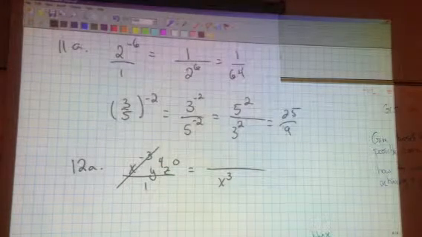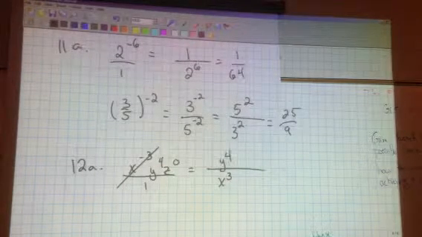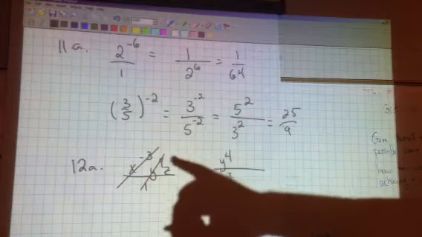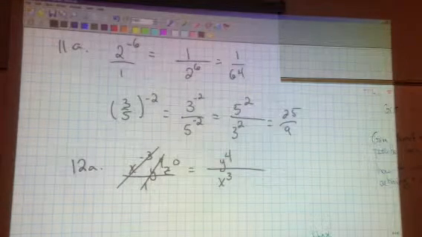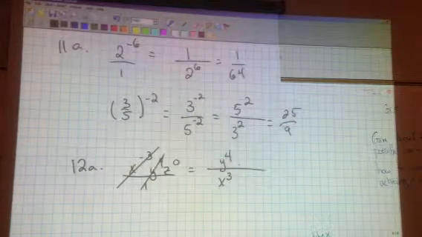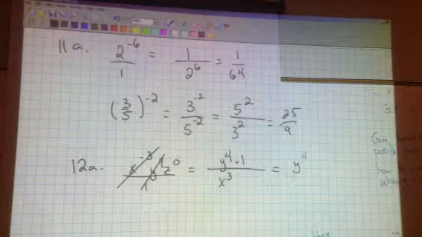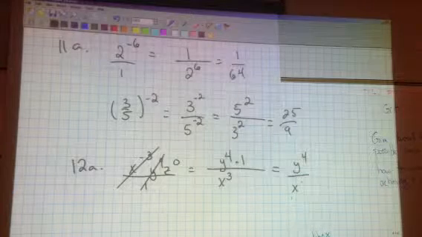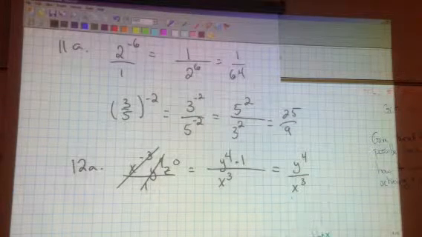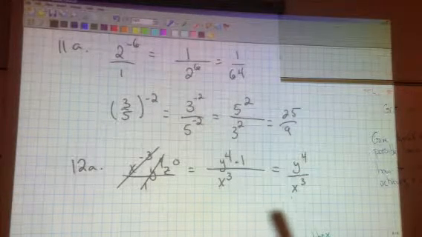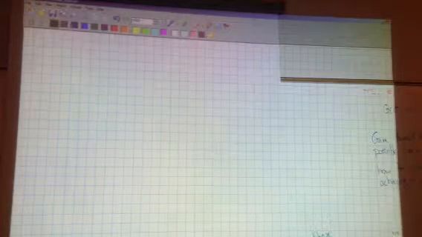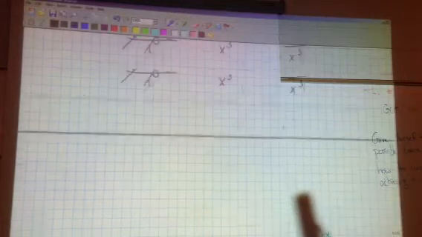Y to the 4th is going to stay in the numerator because it's a positive exponent. Z to the 0th power: anything raised to the 0th power is just 1. So it'd be y to the 4th times 1 over x to the 3rd, which is just, of course, y to the 4th over x to the 3rd. So that is 12a.